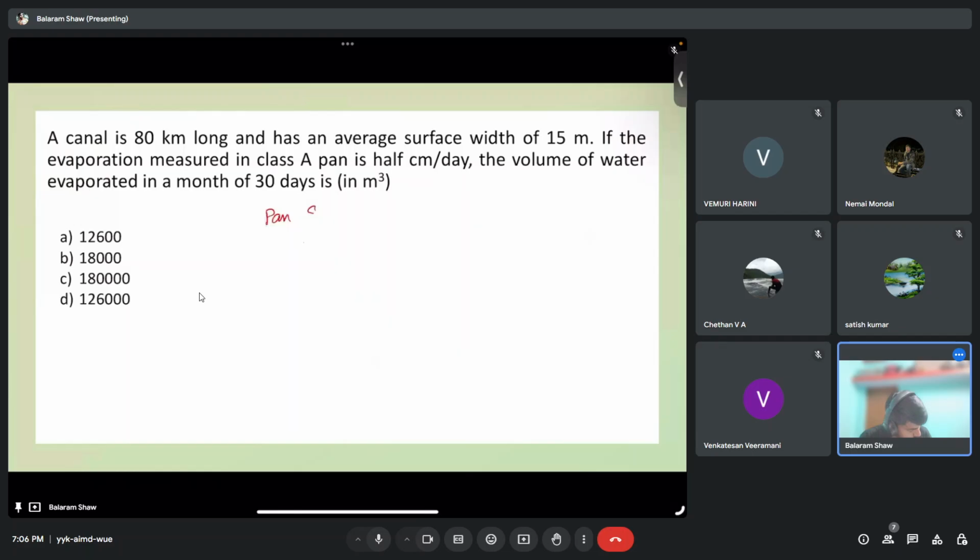So up to what we have done was the measurement of the evaporation. Now this evaporation can also be estimated using, let's say, for any water surface, we can determine this evaporation using the water budget equation. Very simple. That is, let's say, EL equals precipitation minus runoff minus change in storage.